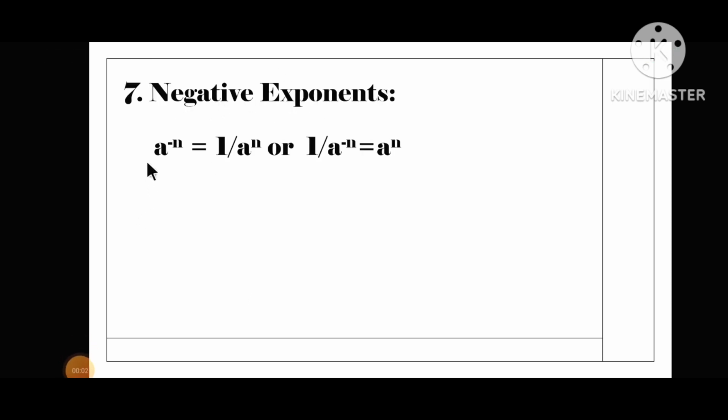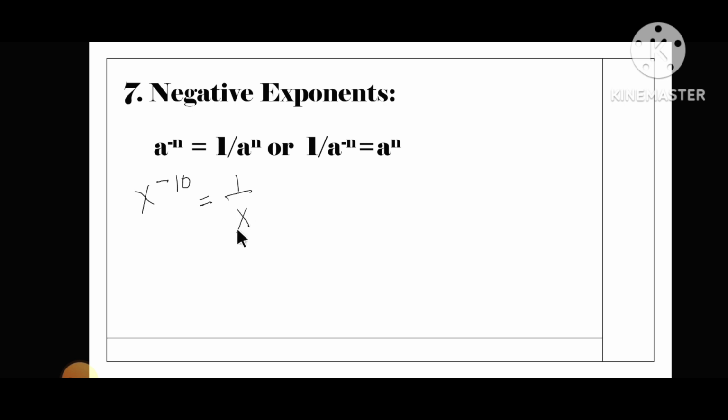Okay, last rule, the negative exponents, a to the negative n is equal to 1 over a to the n. Or, kapag nasa ilalim naman yung may negative exponent, 1 over a to the negative n is equal to a to the n. Example, x to the negative 10 is equal to 1 over x to the 10.